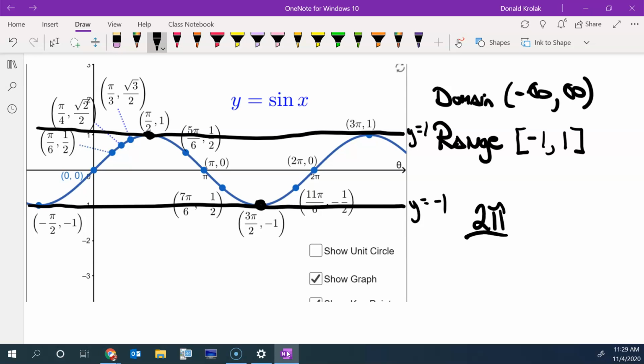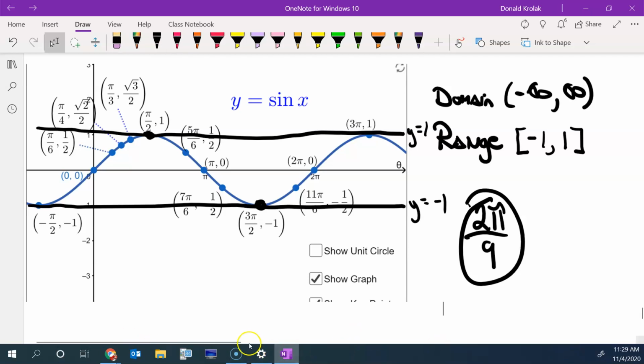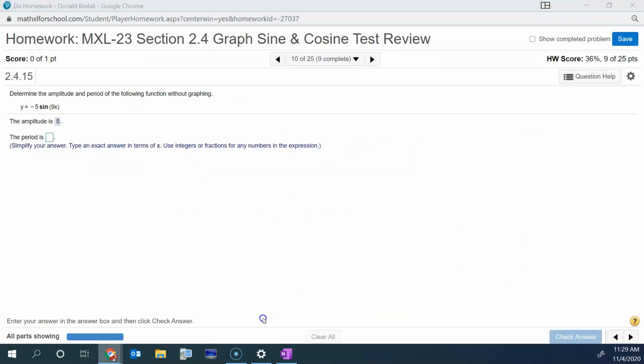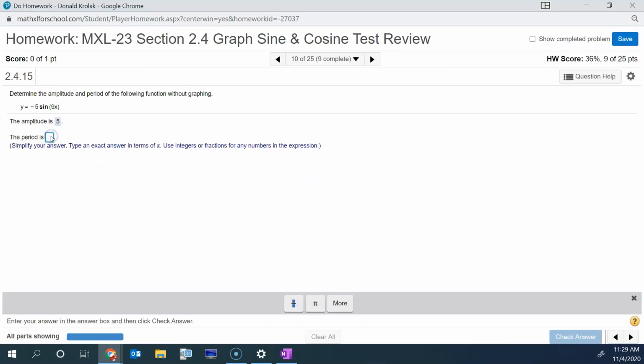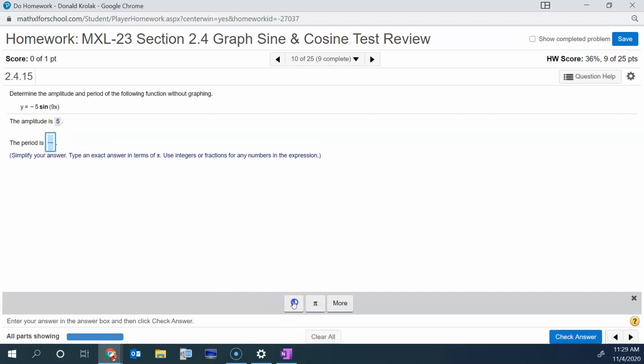Pi over 2 divided by b. So that is my period. That is going to be 2 pi.